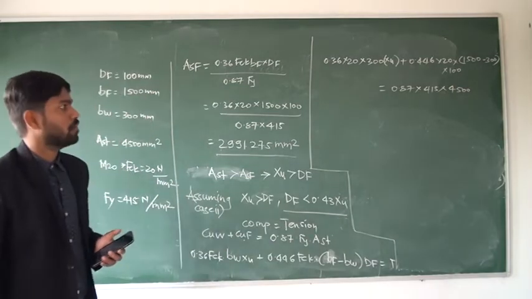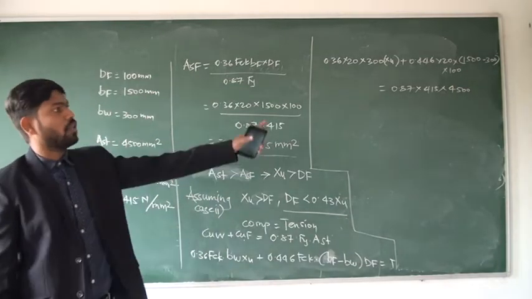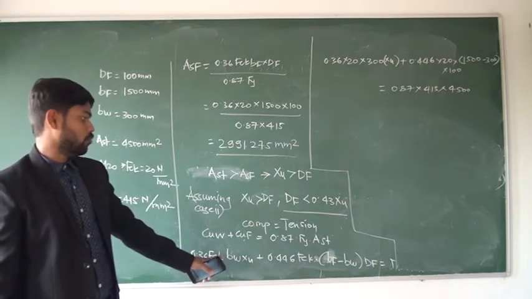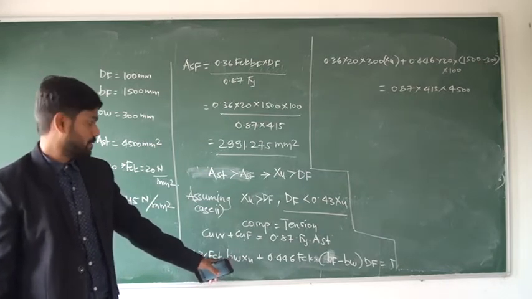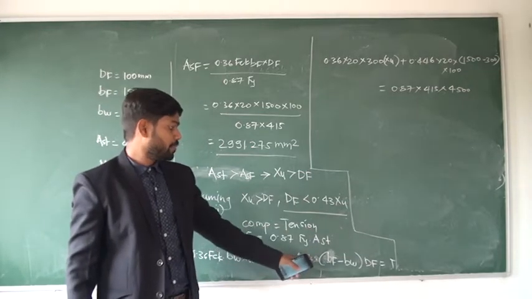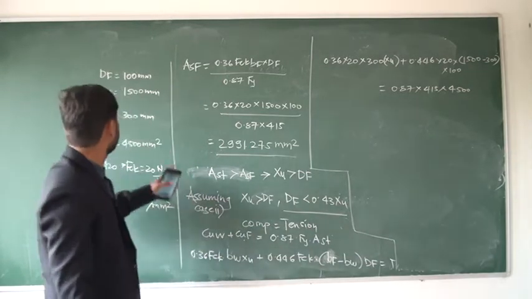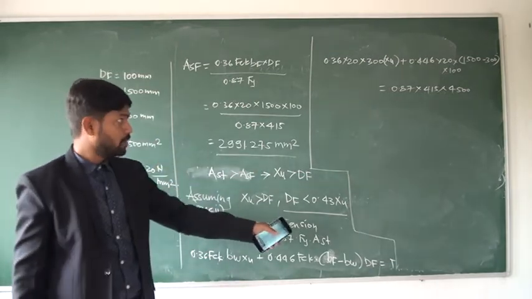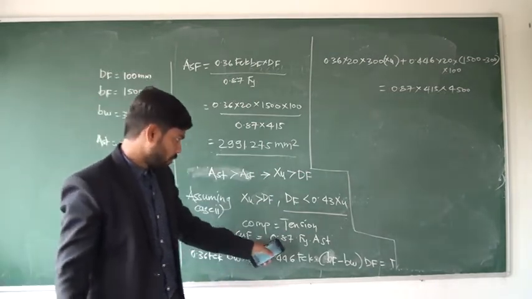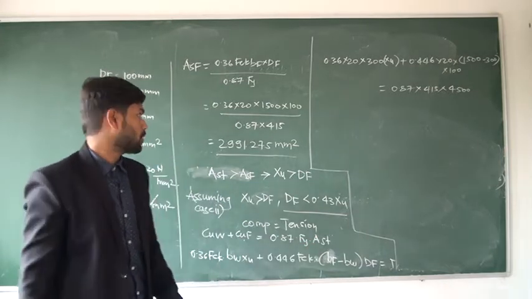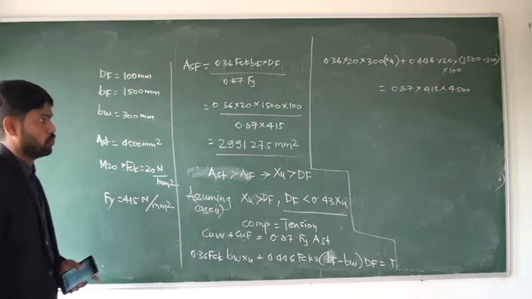AST is 4500. Okay. In this equation, I have substituted all the values. 0.36, FCK is 20, BW is 300, XU we have to calculate. Then 0.446, FCK is 20, BF is 1500, BW is 300, multiplied by DF is 100, is equal to tension 0.87, Fy is 415, AST is 4500.